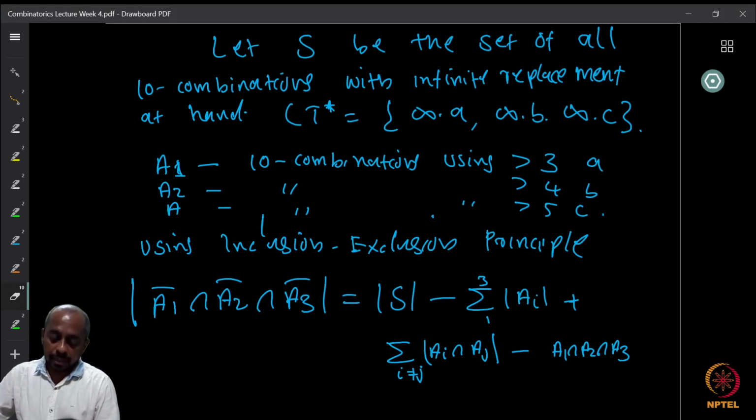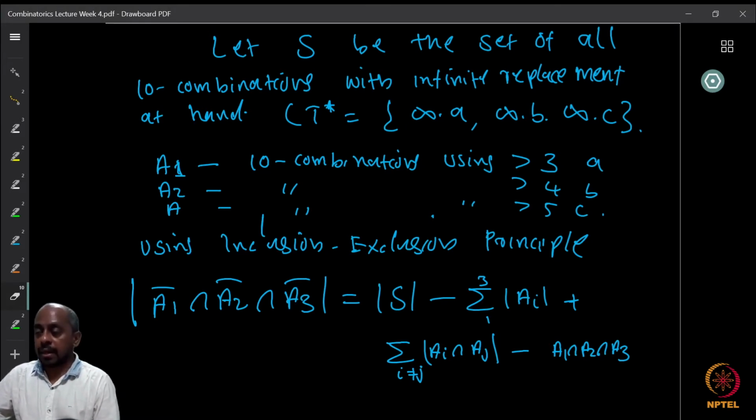Therefore, by inclusion-exclusion, this is the cardinality of S minus the cardinality of A1 plus the cardinality of A2 plus the cardinality of A3, subtracted from S. Then you add back A1 intersection A2, A2 intersection A3, and A1 intersection A3.